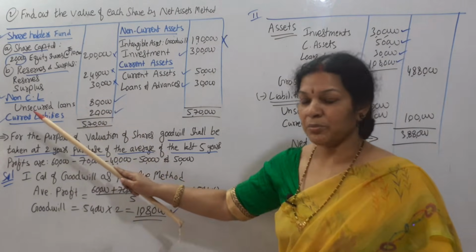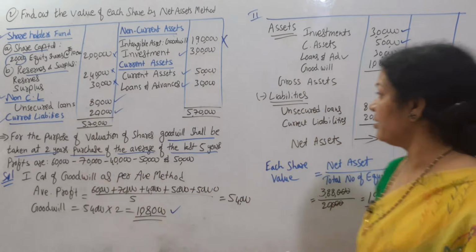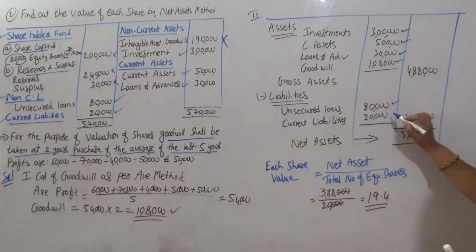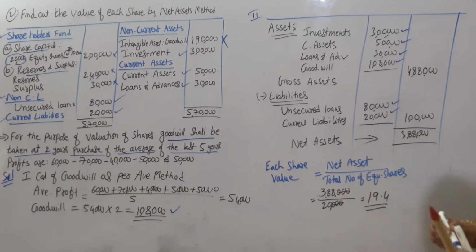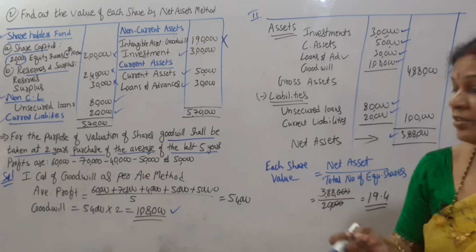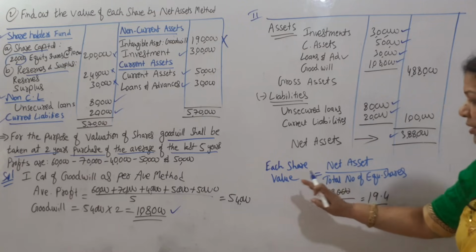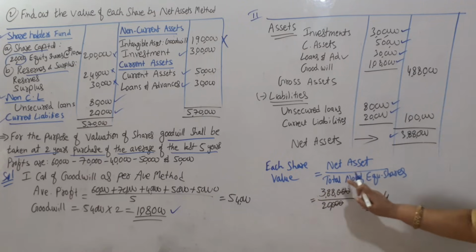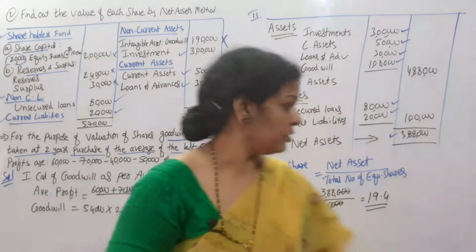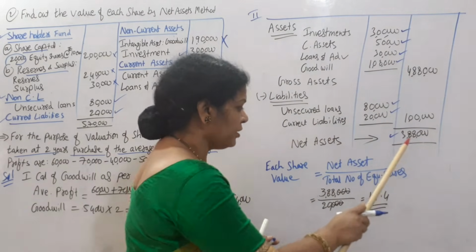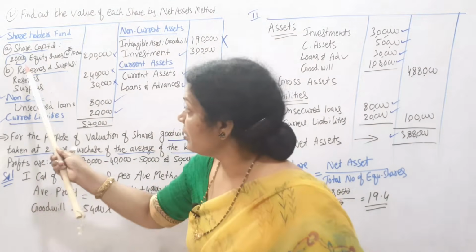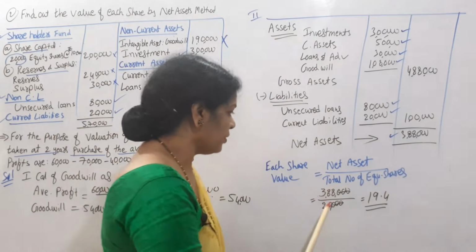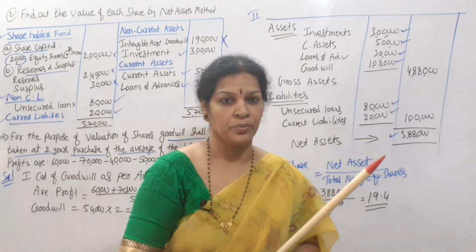Liabilities means unsecured loans 80,000 and current liabilities 20,000. Deducted, you get net assets of 3,88,000. The formula is each share value equals net assets by total number of shares. Net assets 3,88,000, number of shares 20,000, so you get 19.4.